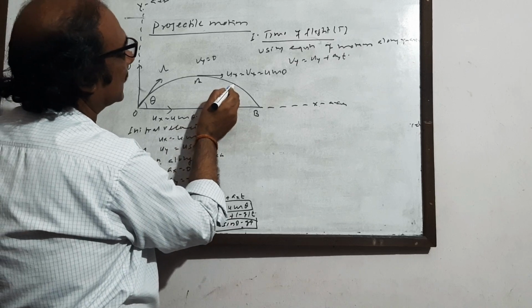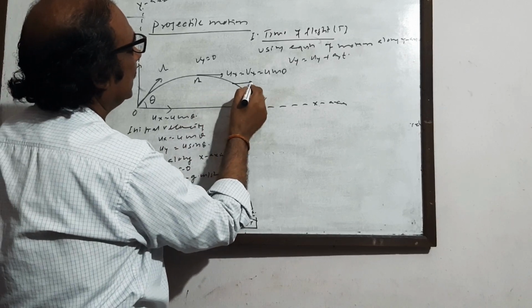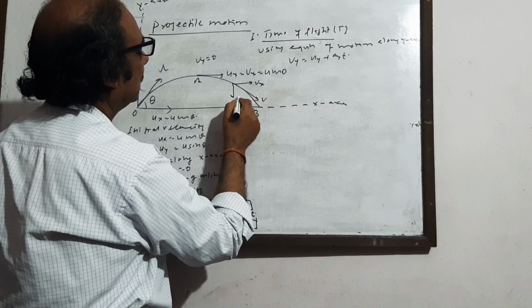So the final velocity V is made up of Vx and Vy.